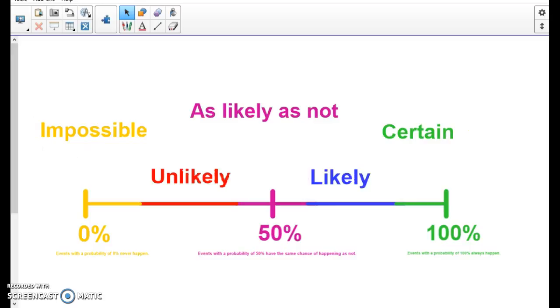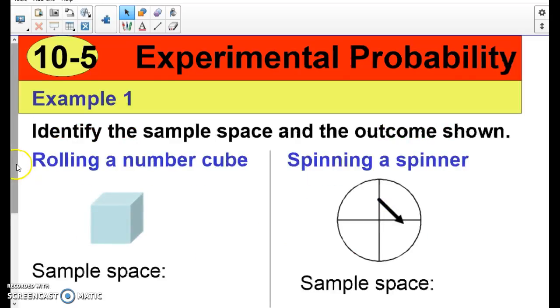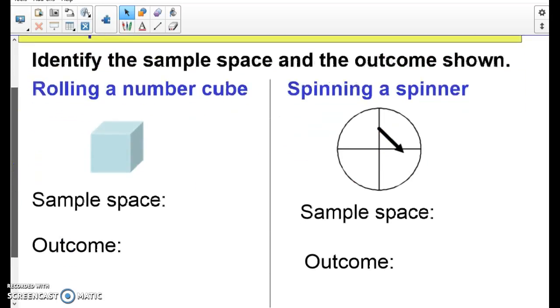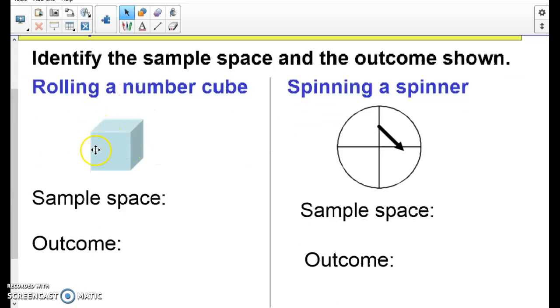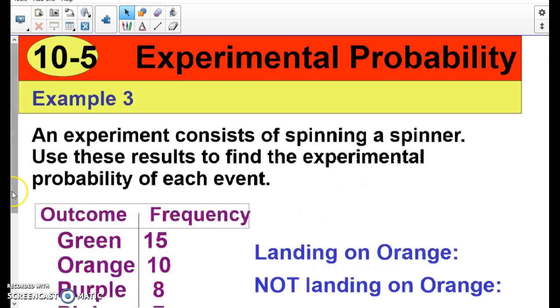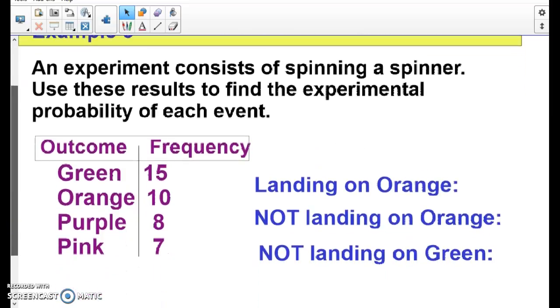So if I have something like rolling a number cube, I can have 6 different options. If I'm spinning a spinner, there's 4 options on the spinner. If I have an experiment that consists of spinning a spinner, we use the results to find the experimental probability of what happened.